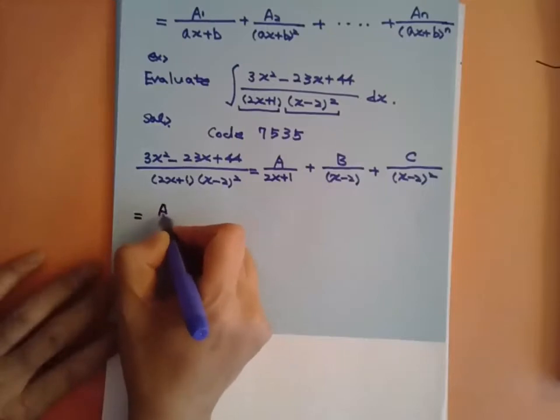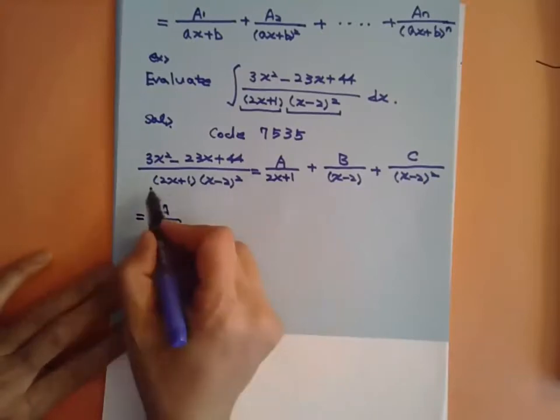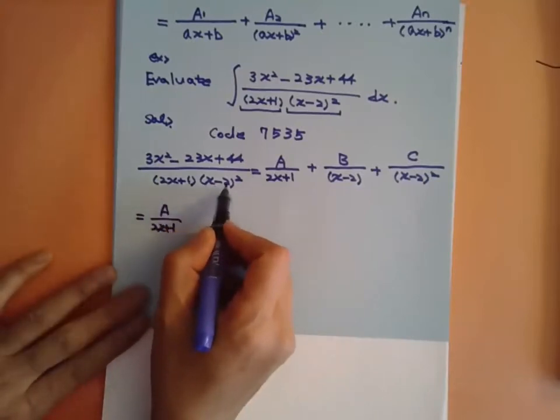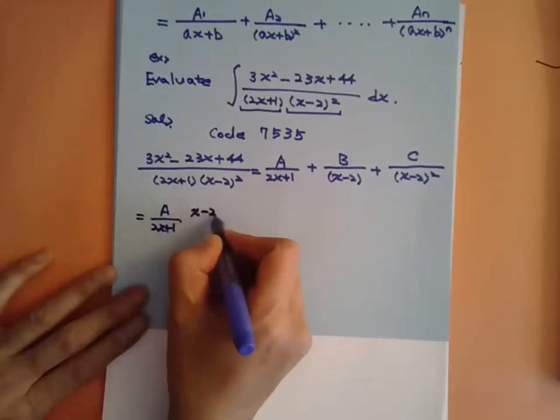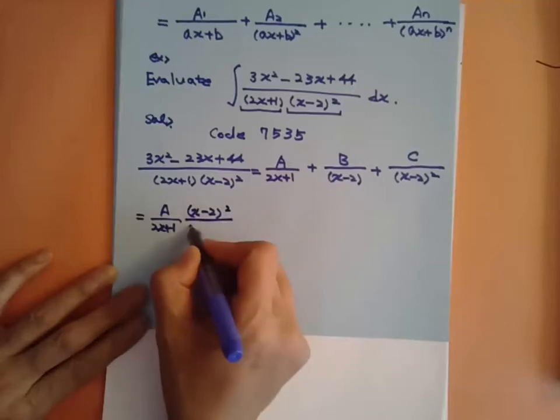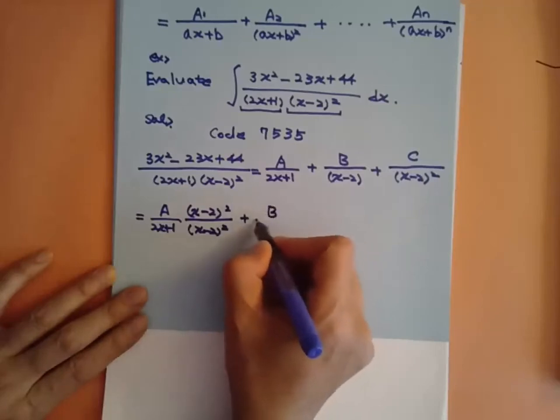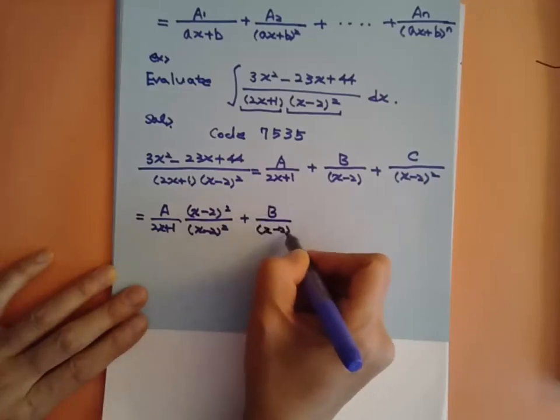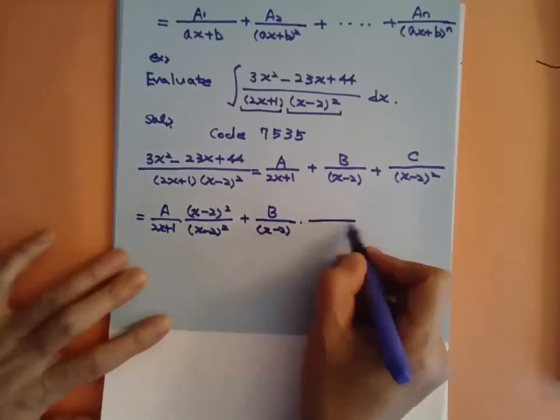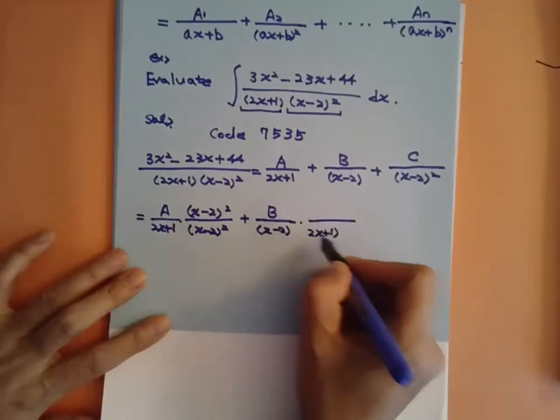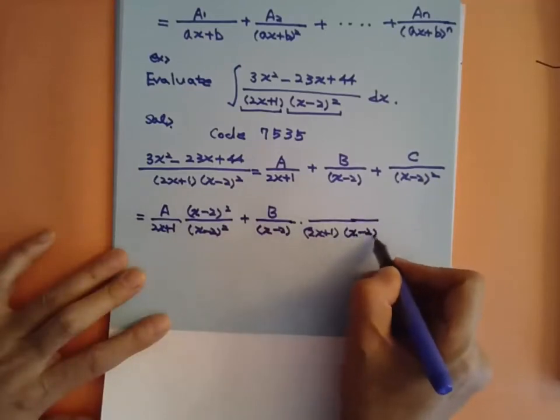a over 2x plus 1. And the common denominator is 2x plus 1 times x minus 2 squared, and we wrote 2x plus 1. So what is left is x minus 2 squared. We do it on the numerator and on the denominator. And the next one is b over x minus 2. What is left is a 2x plus 1, but it is 1 less degree, so we have to multiply by x minus 2.